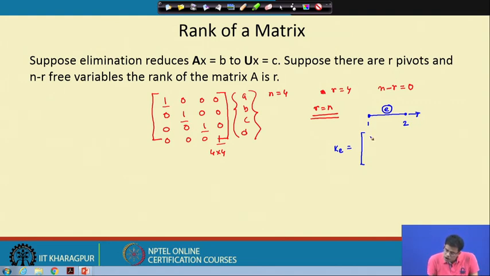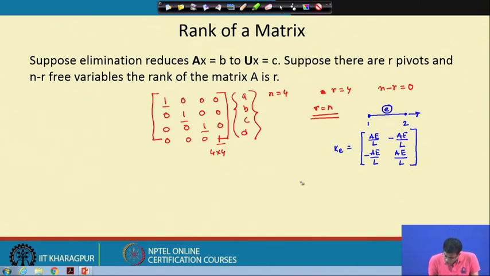We know that it is AE by L, minus AE by L, minus AE by L and AE by L. What is A? A is the area of the member and E is the Young's modulus of the member.